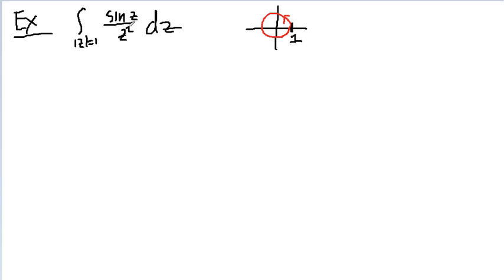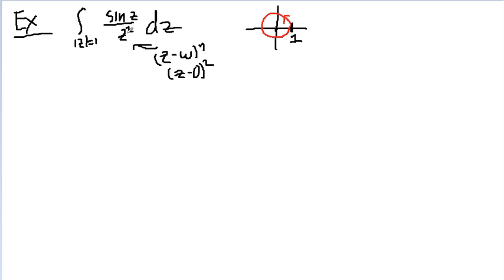The numerator is, but the denominator is not, because 0 is a bad point. If I plug in 0, the integrand is undefined, which means it's certainly not holomorphic there. So if the integrand is not holomorphic, but the numerator is, and the denominator just looks like something of the form z minus w to the n, here we have z minus 0 squared, for instance, then you're going to use either Cauchy's integral formula or a modification of it.